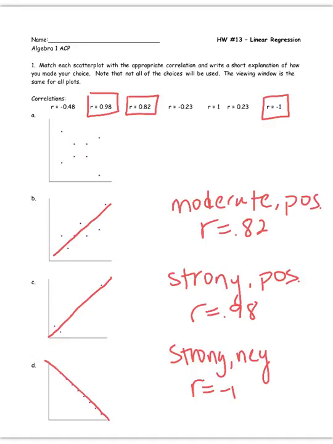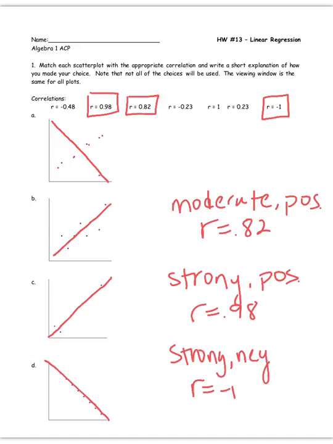For number 1, it doesn't look very linear. Those points don't really seem to have a correlation, so we're going to be looking for a number that's close to 0. If I had to, okay, I would probably say that the points that kind of form that negative line are a little bit more strongly correlated linearly than the points that might show that positive linear correlation.